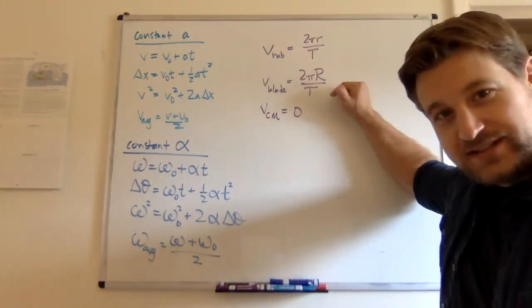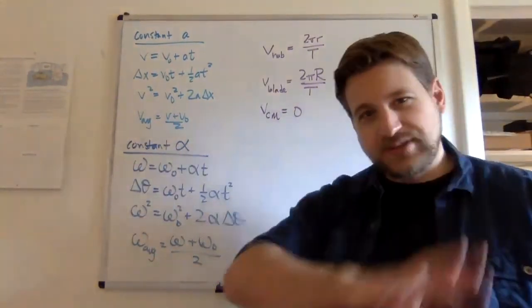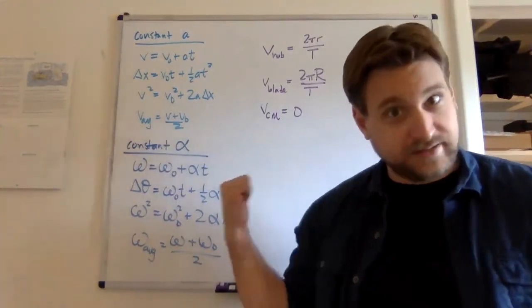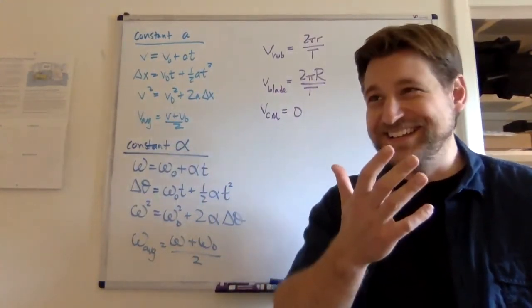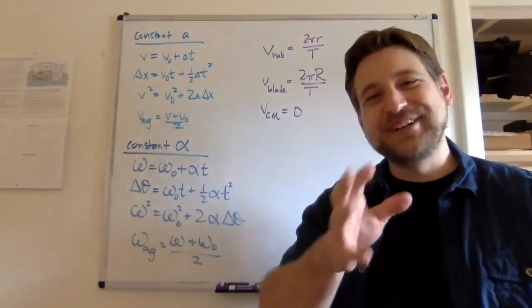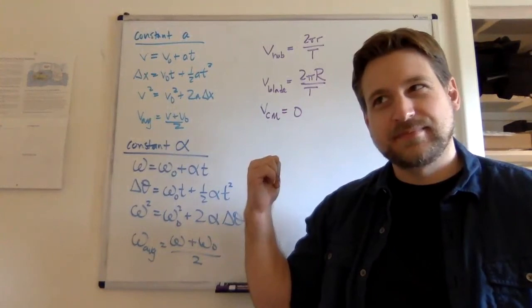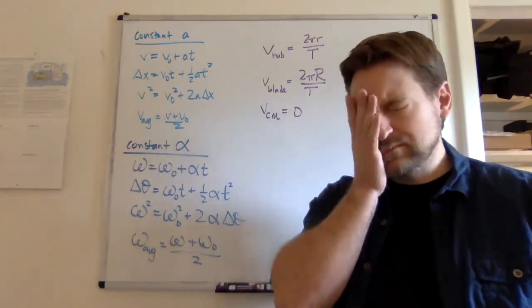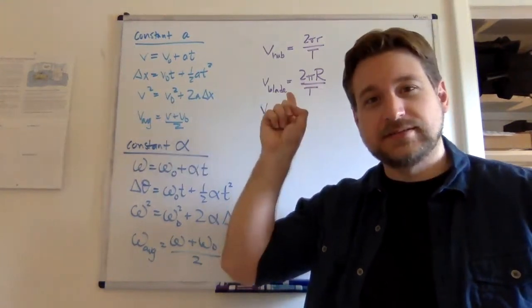And that's weird still. I mean, okay, they all rotate at the same omega, I guess. But how do we sort of translate that to the fact that apparently these speeds are different?